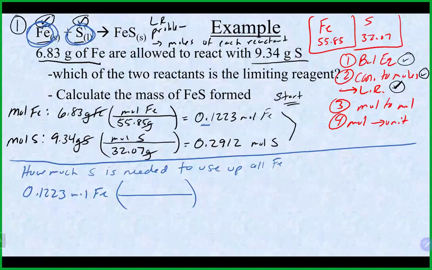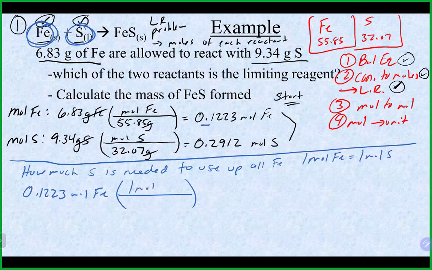And I can see for every 1 mole of iron, I get 1 mole of sulfur. So that's not too bad. We're going to go 1 mole of sulfur up on top, 1 mole of iron on the bottom. That's going to cancel out the iron and tell me I need 0.1223 moles of sulfur. So once again, this is just a calculation to figure out which one is the limiting reagent.